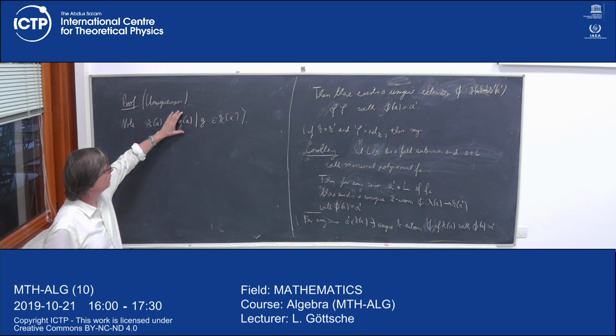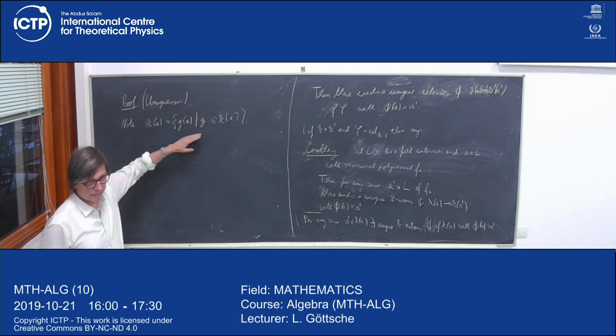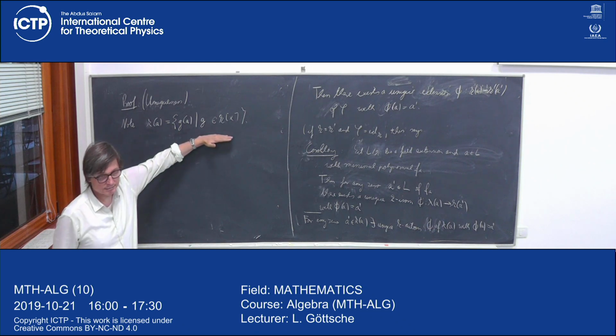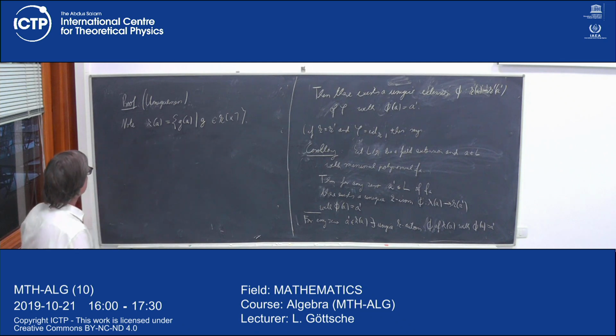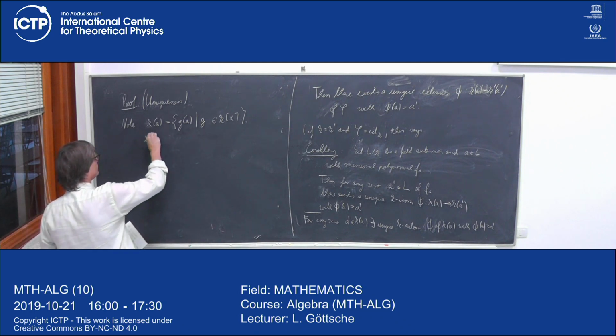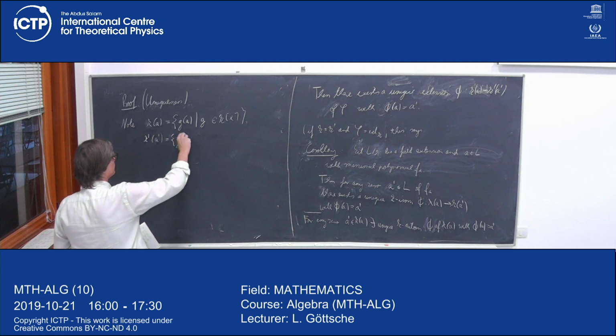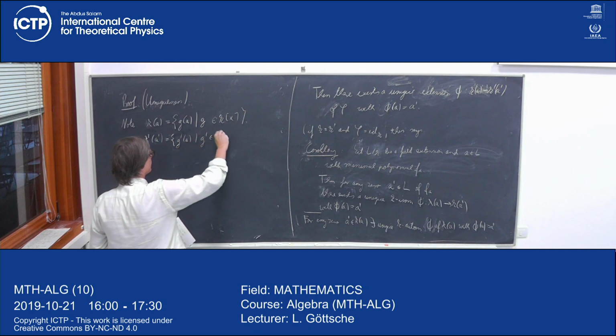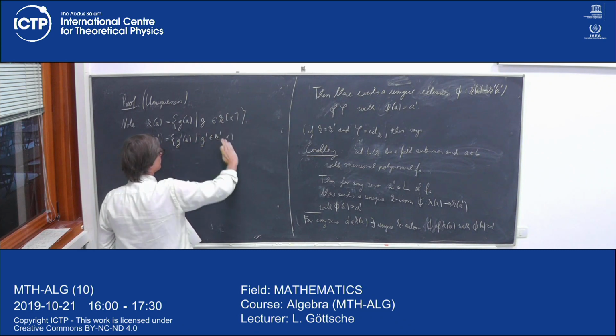Obviously these are not all different for different polynomials, but this is how it can be described. We had seen this before, remember? And so therefore also K prime of A prime is equal to all G prime of A prime, with G prime in K prime[x].